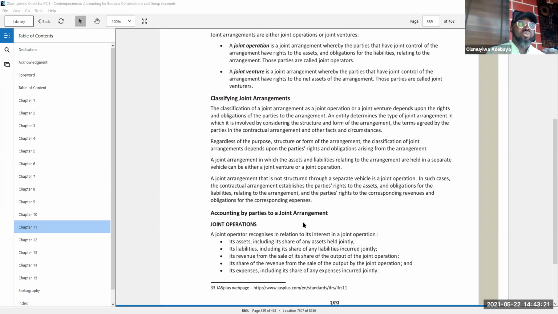If there is income that might have arisen from such an operation, you also account for your own share of the income. And that is how you simply account for your stake, your interest in a joint operation.